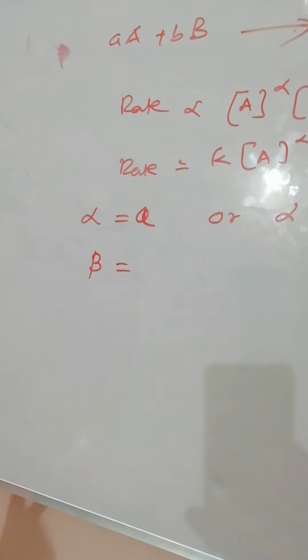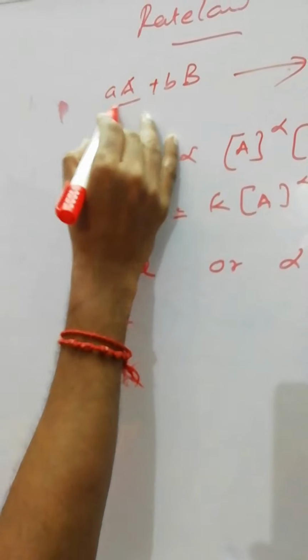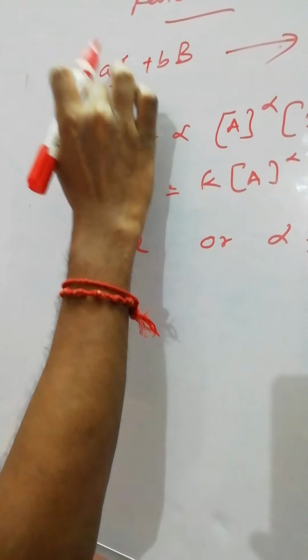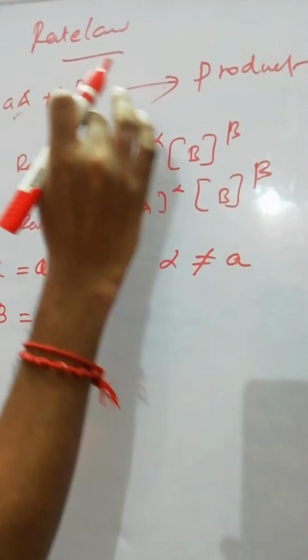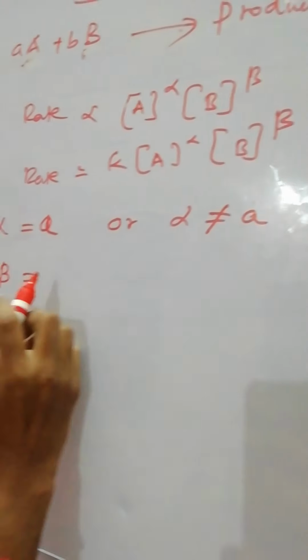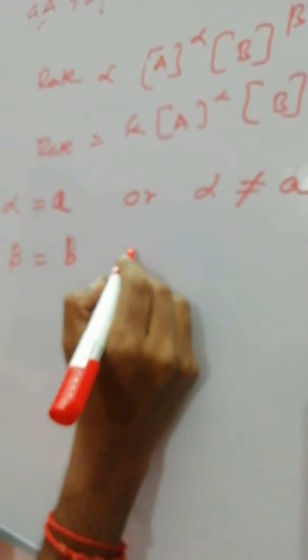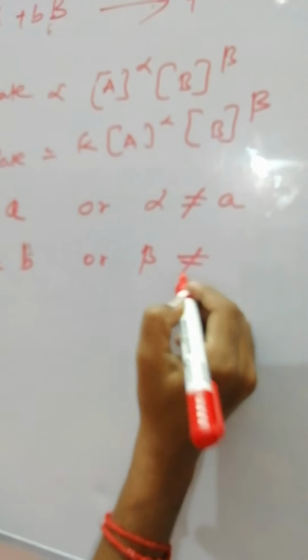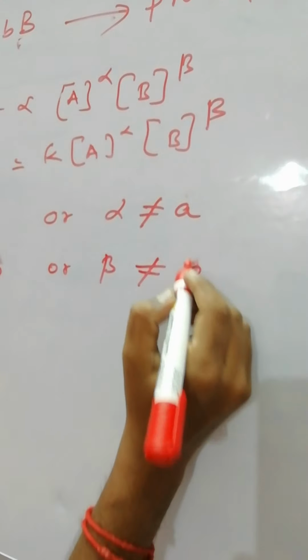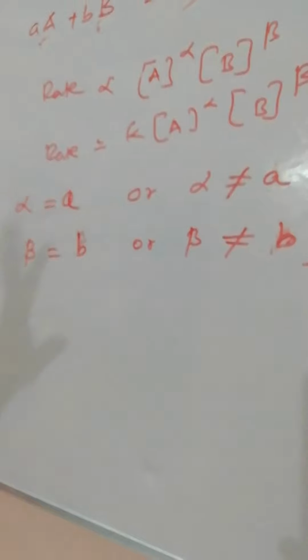So alpha and beta are not stoichiometric coefficients. Alpha is how much A is consumed to give product, and beta is how much B is consumed to give product. Alpha and beta may or may not be equal to a and b, the stoichiometric coefficients.